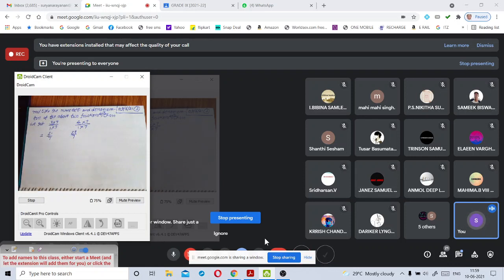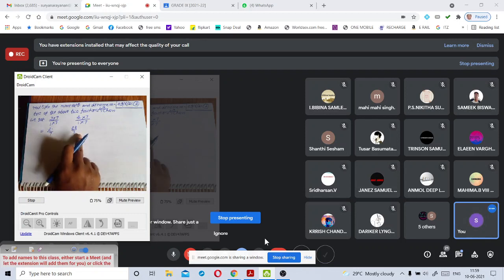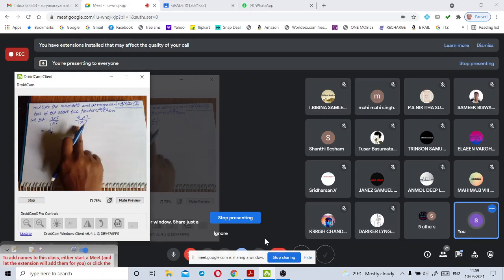Janesh is very active, participating and interacting in the class. All of you should be like Janesh. So the first fraction is 21 by 7 and the second fraction is 28 by 7.